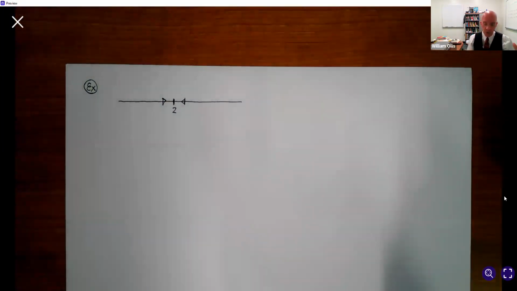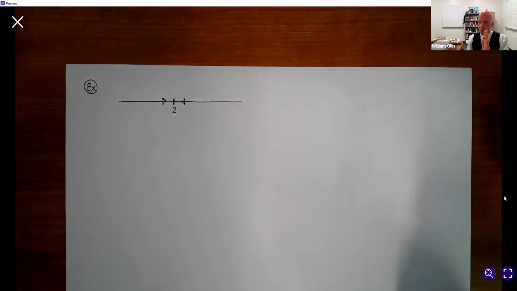And then, of course, if we're coming from the left, maybe we start at 1, then 1 1/3, and then 1 2/3, and then 1 4/7, 1 5/7.